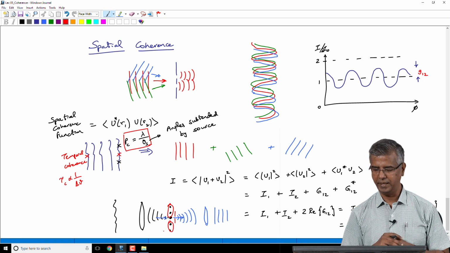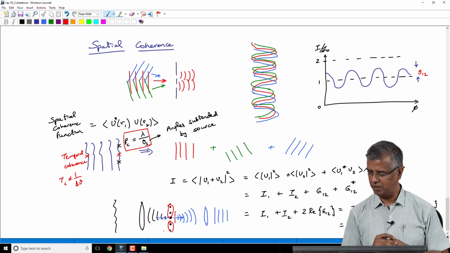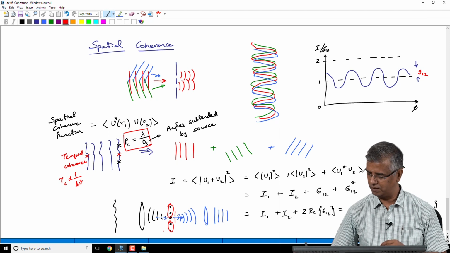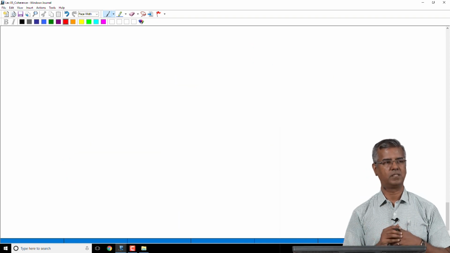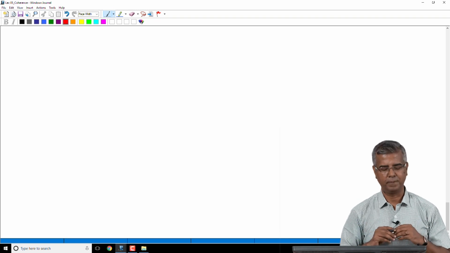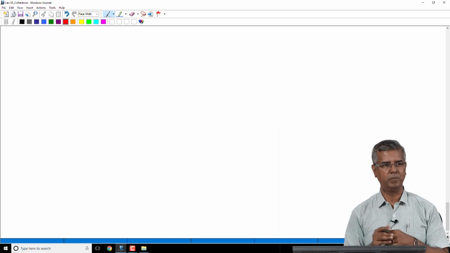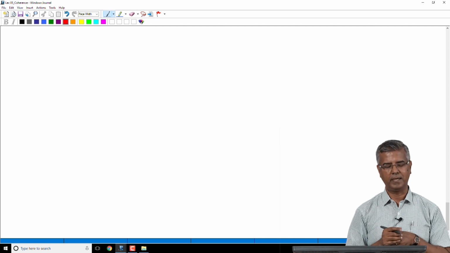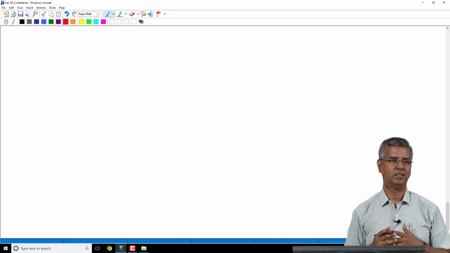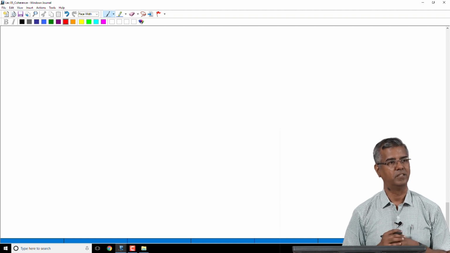Okay. I do not have a whole lot of time in this session, but what I can quickly do is give you a feel for how these principles that we have learned so far, multiple beam interference and then these properties of temporal and spatial coherence, can be used to design optical elements, optical instruments.